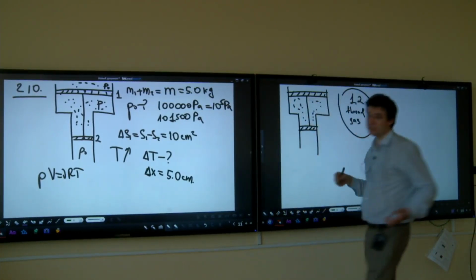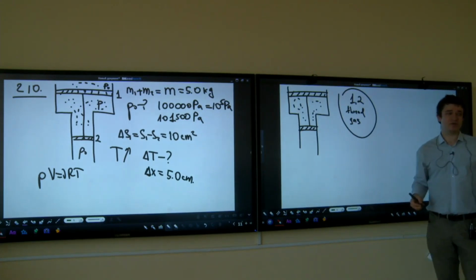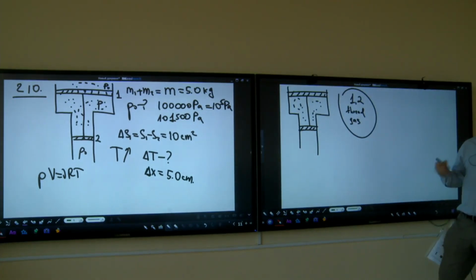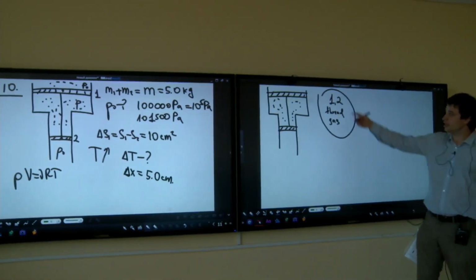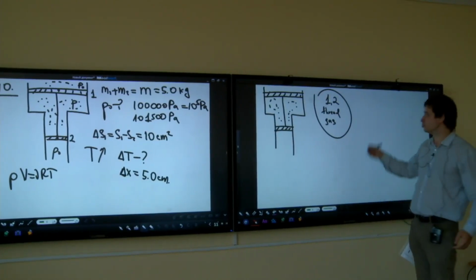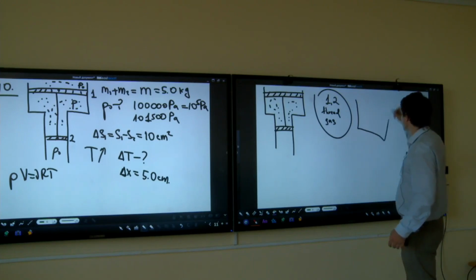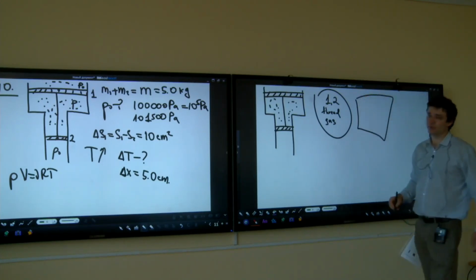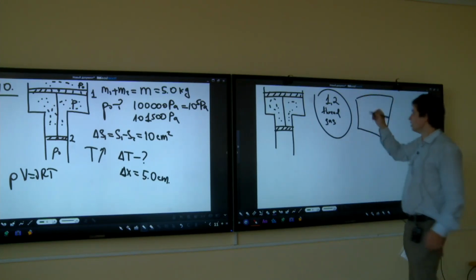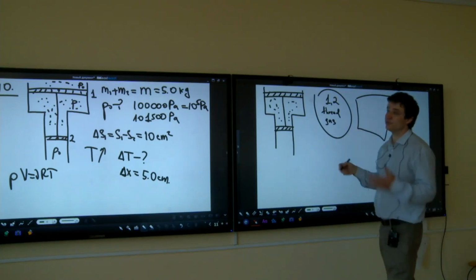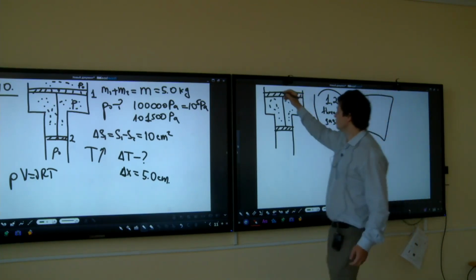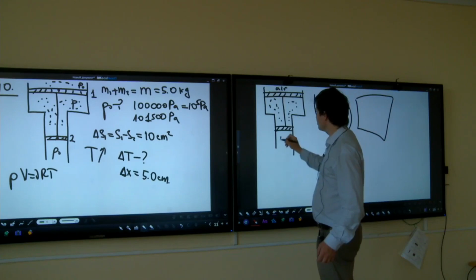So according to the equilibrium conditions, the total mechanical force which acts on this combined system should be 0. So the external force should be produced by environment. And let's determine what environment here is. The environment is, of course, air above and below.